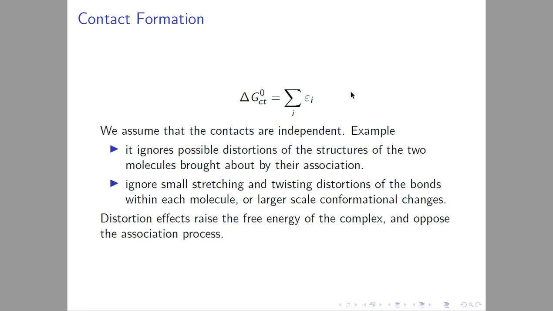We also ignore small stretching and twisting distortions of the bonds within each molecule. We assume that because distortion raises the free energy of the complex and opposes the association process, so we ignore it so that it will not distort the effect.